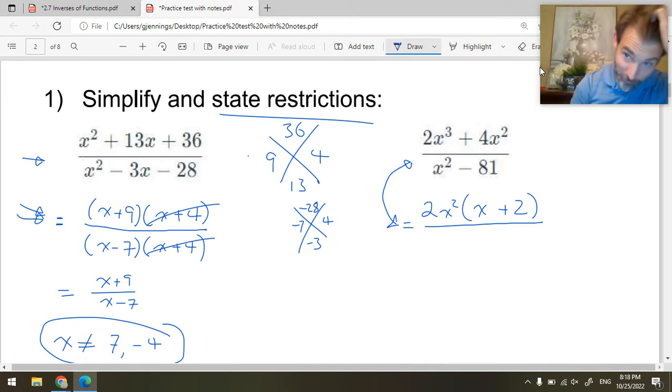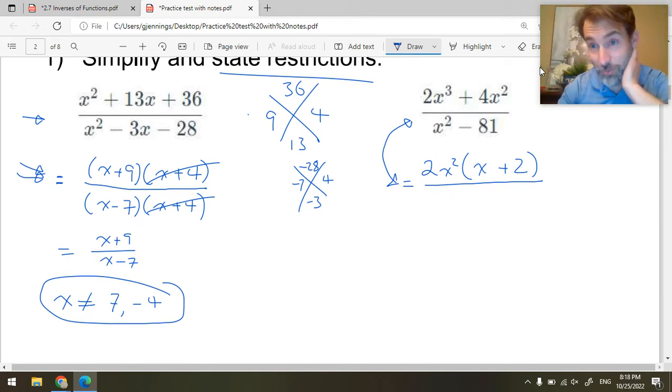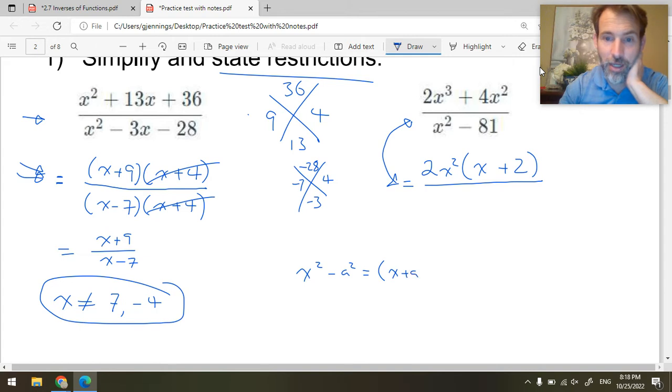The x squared minus 81. This is a difference of squares. You want to know that when you have a square subtract another square, x squared minus a squared, these always factor into x plus a multiplied by x minus a. So in this case we're at x squared minus 81. We want to see 81 not just as 81, but as 9 squared.